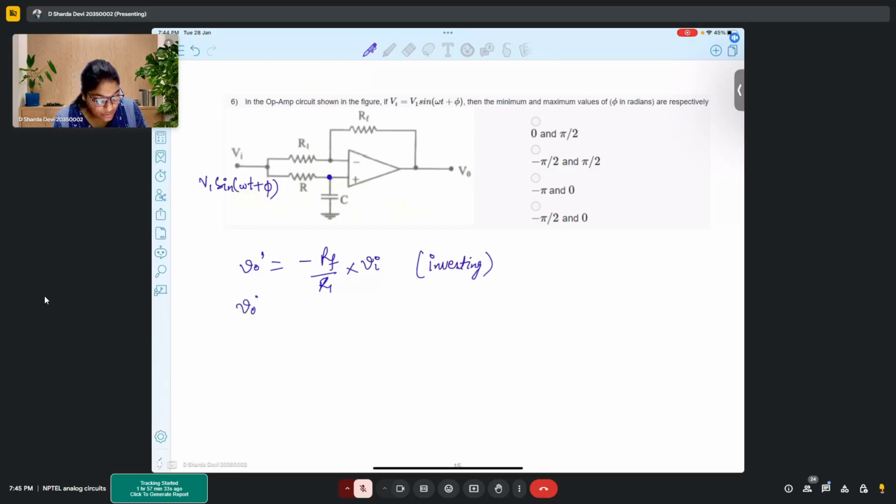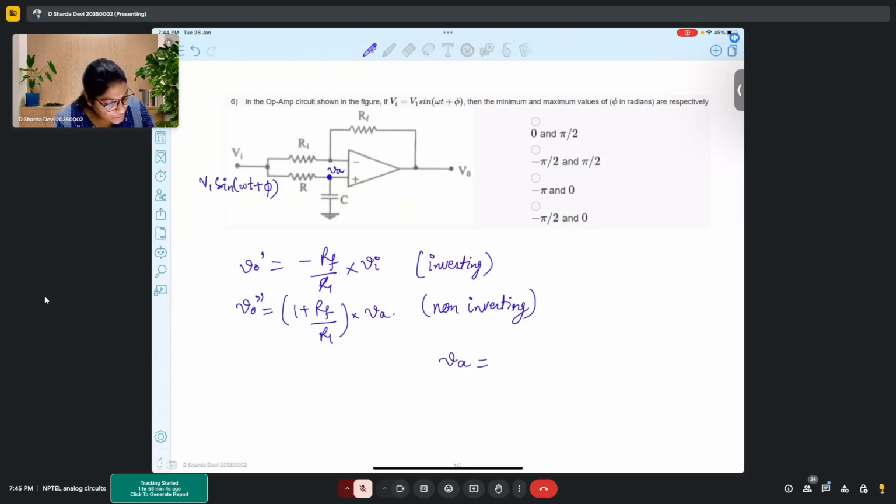In case of non-inverting configuration, you get the gain factor of 1 plus RF upon R1, but the voltage that you should observe is this particular voltage Va.